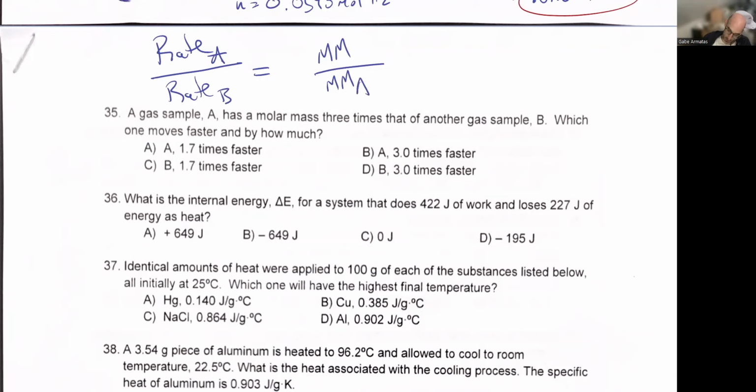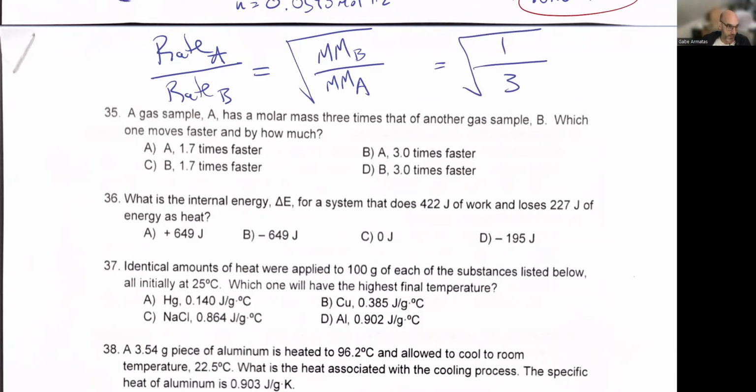We're going to flip this over, the molar mass of A over molar mass of B, and we're going to take the square root. And so we can just plug numbers in. It says A has a molar mass 3 times that of B. So what that means is 1/3. What is the square root of 1/3?